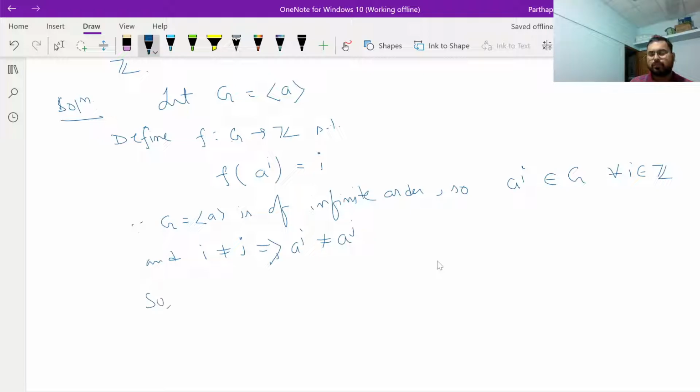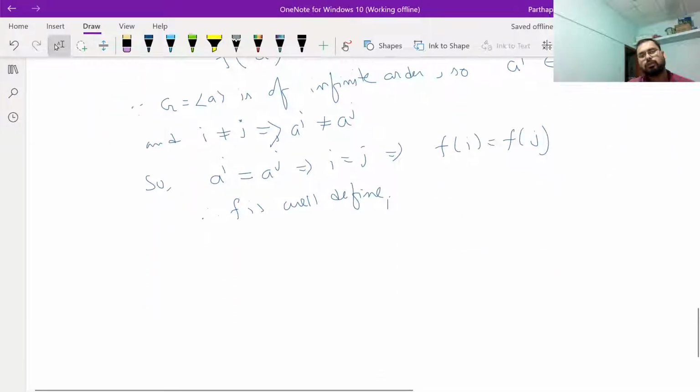So a to the power i equal to a to the power j means i equal to j. This implies f of a to the power i equals f of a to the power j. So whenever a to the power i equals a to the power j, it implies f of a to the power i equals f of a to the power j. So f is well defined. The function we have defined above is well defined.